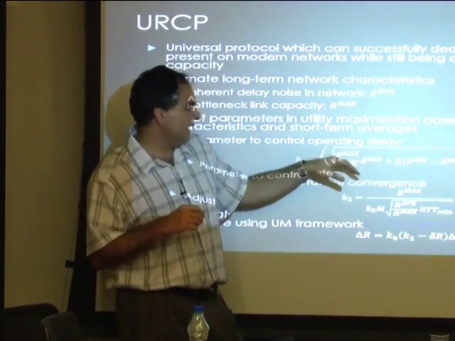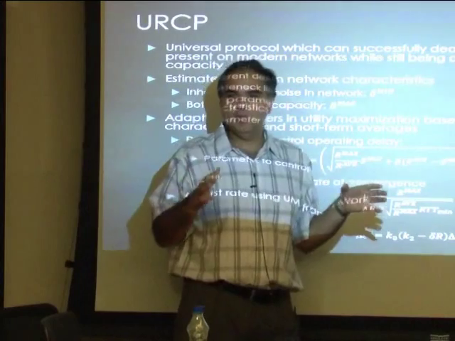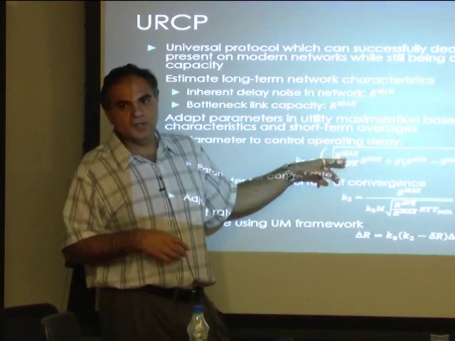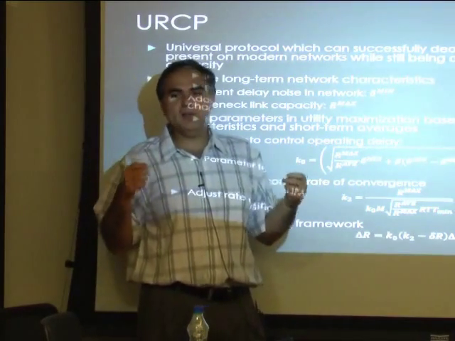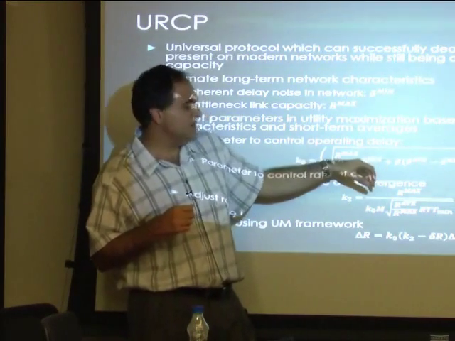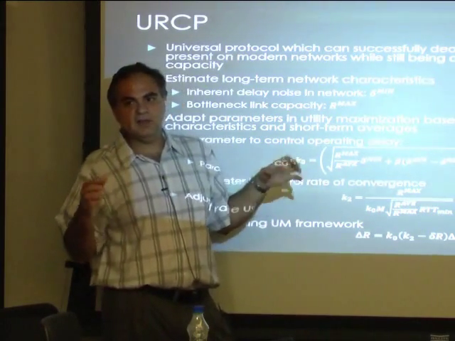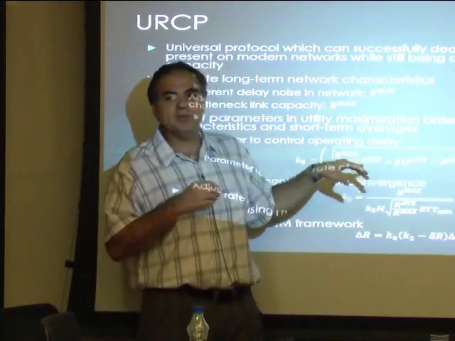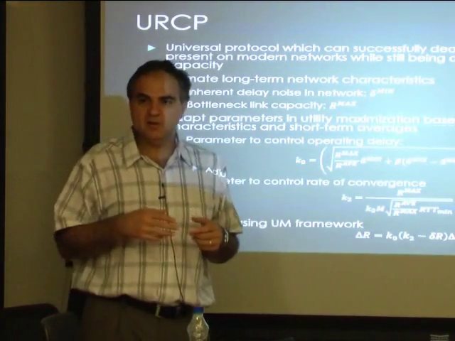But the way these parameters are updated, there's a very high probability that you will. This is trying to figure out the estimate of the long-term capacity, okay? If every flow can get the same estimate for long-term link capacity, and this is the average background delay noise, okay? If all flows get the same value for these two parameters, you can guarantee fairness.